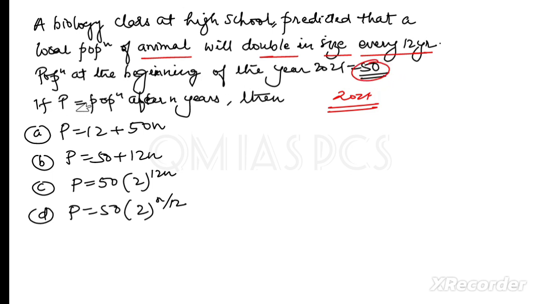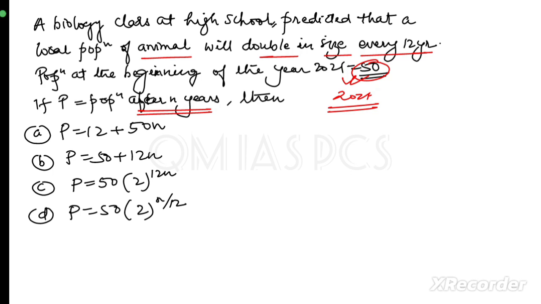Okay, so if P is the population after n years, how do we represent that P? What we have to consider is that P is the original population. And every 12 years the population is getting doubled. Are you getting my point?